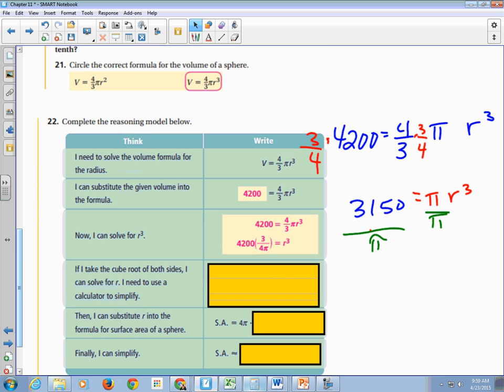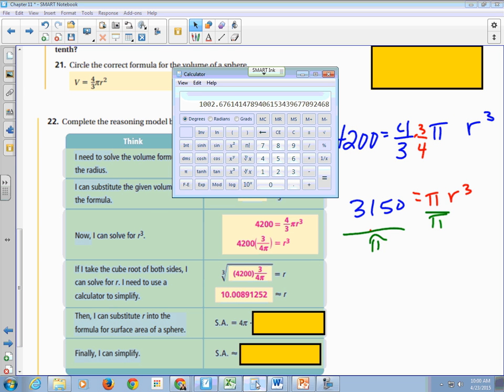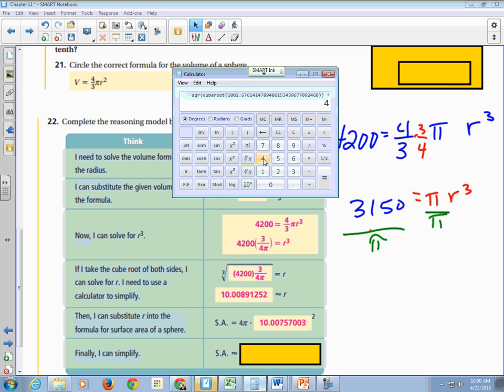So now that I'm at 1,002.676, I take the cube root on my calculator, and I get 10.0089. So to find the surface area, I take that amount, square it, and multiply it by 4 pi.